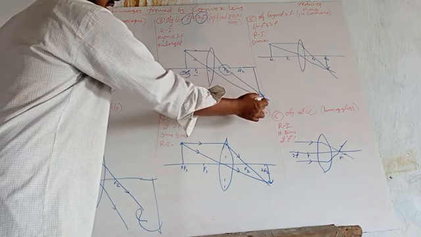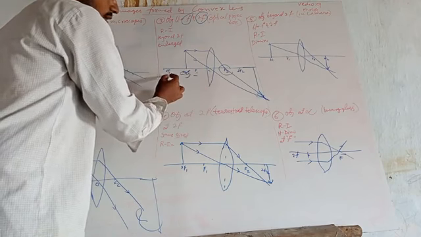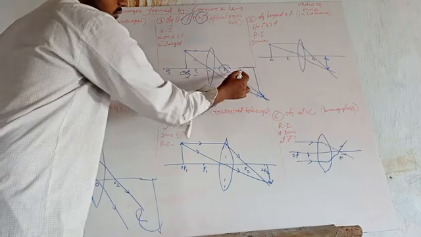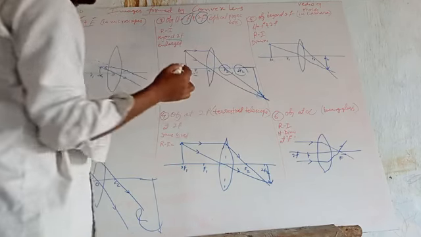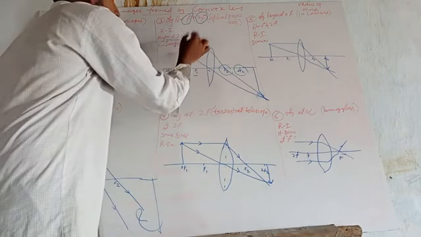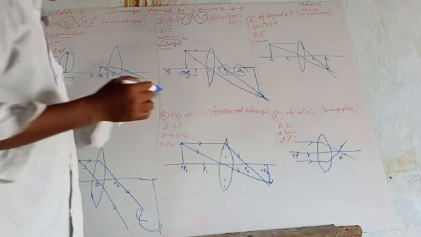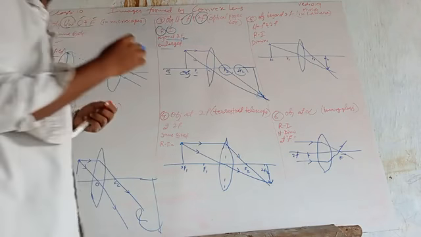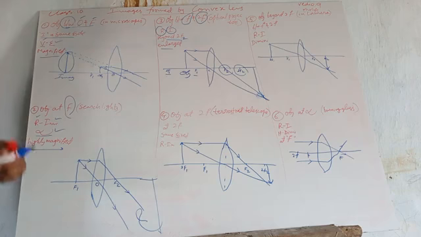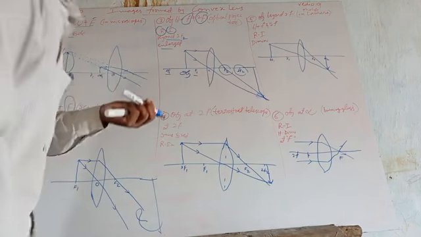Look here, it is meeting here. So when the object is between F1 and 2F1, the image forms beyond 2F2. The image is enlarged, real and inverted. Already I told you many times what inverted means. If you forget, I can't do anything.